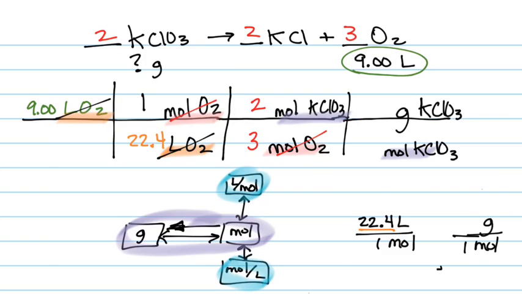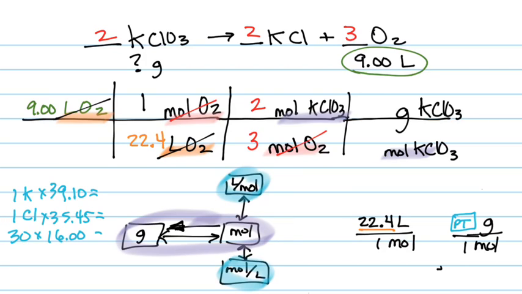We get the grams from the periodic table. So you've got to go calculate the mass of KClO3 from the periodic table. You have 1 potassium, 1 chlorine, 3 oxygens, and when you go find the mass of each of these off the periodic table, I see 39.10, 35.45, 16.